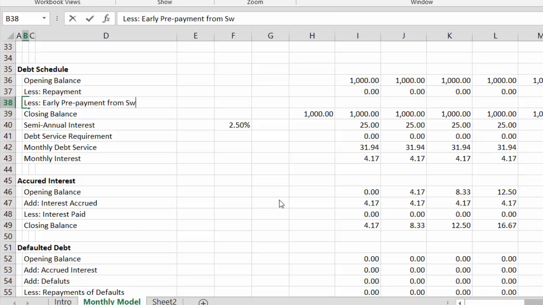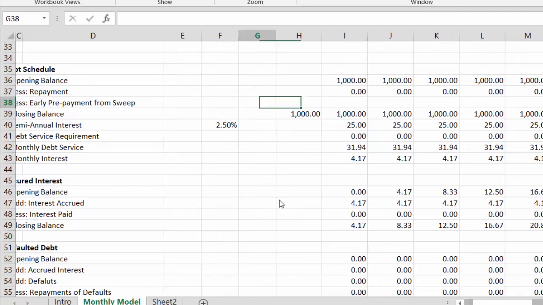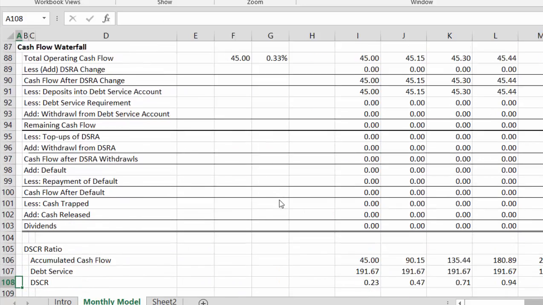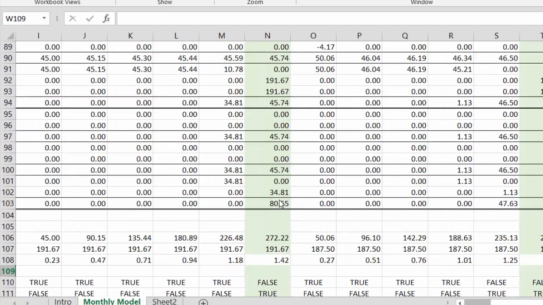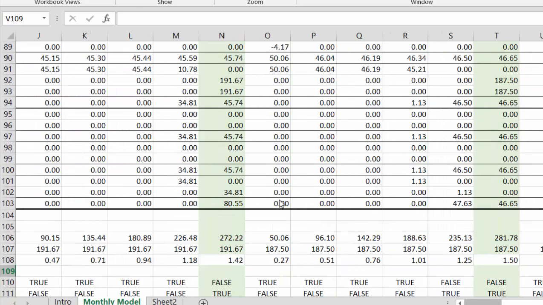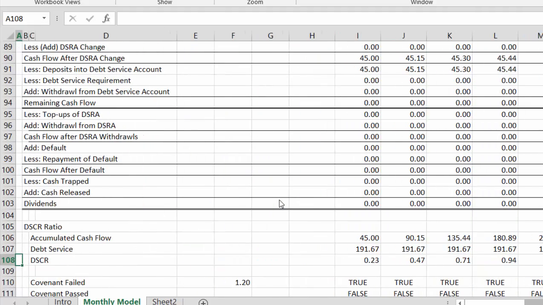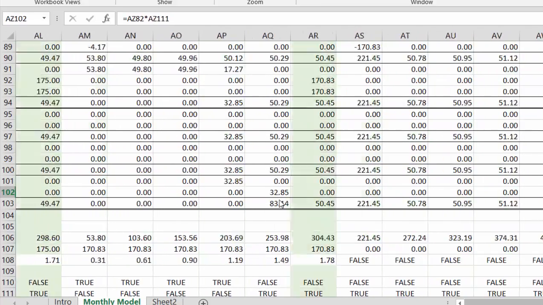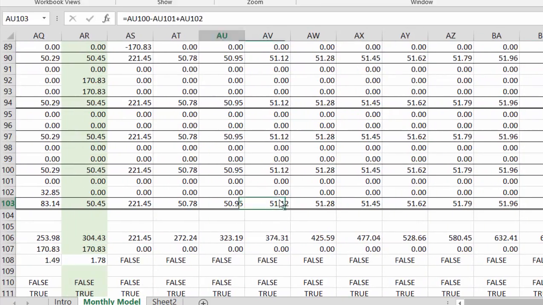from sweep. I suppose I should be talking about what these things do. The cash flow sweep simply says, okay, instead of allowing these dividends to be paid, in this case we have a high case, so we have some dividends in all of these periods.